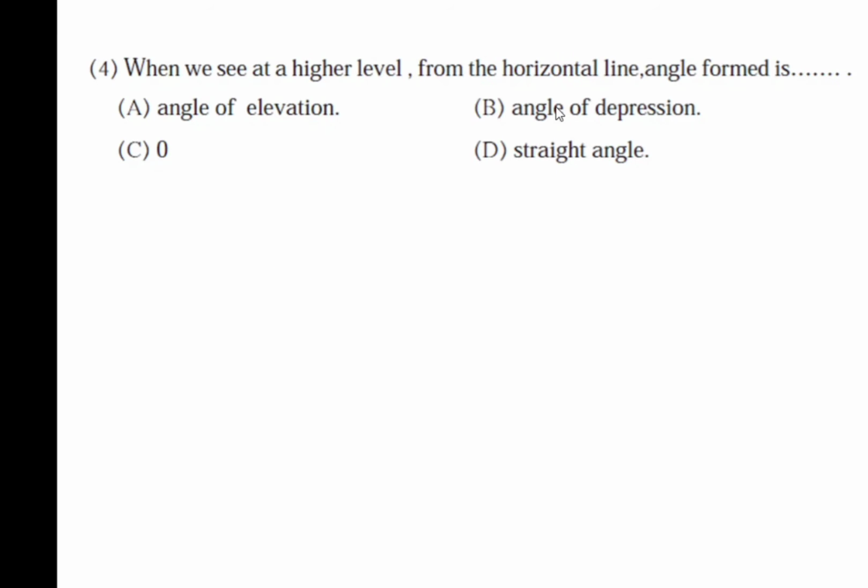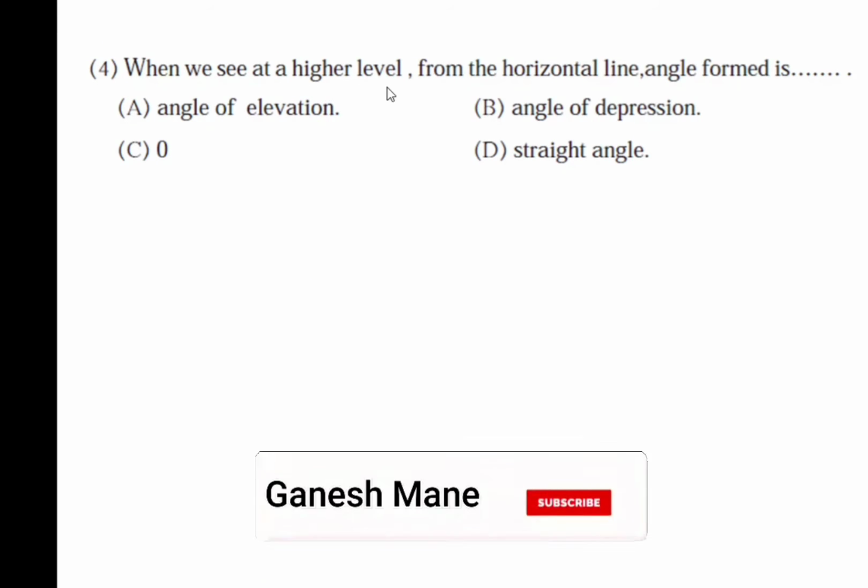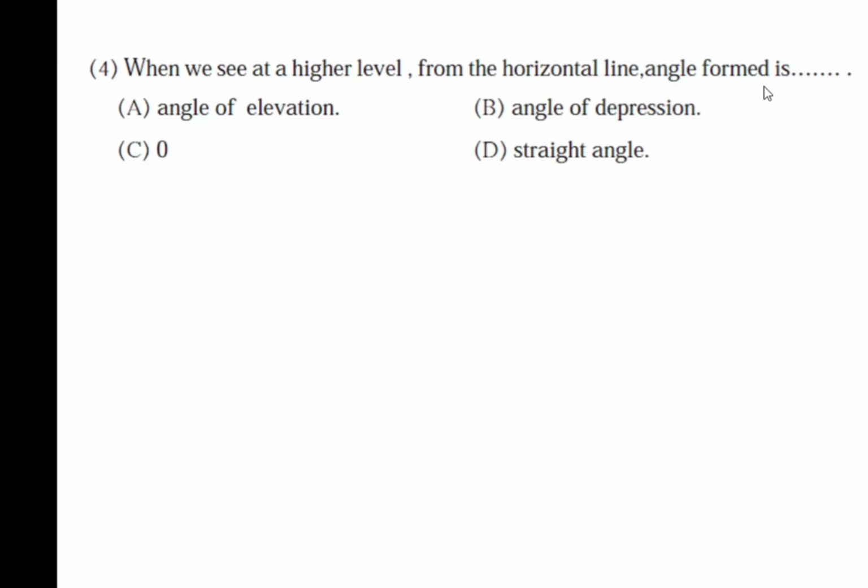The next question is, when we see at a higher level from the horizontal line, the angle formed is dot dot. Whether it is angle of elevation, angle of depression, 0 or a straight angle. Now here we must know the concept of angle of elevation.